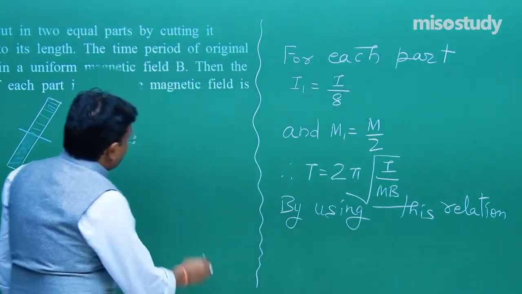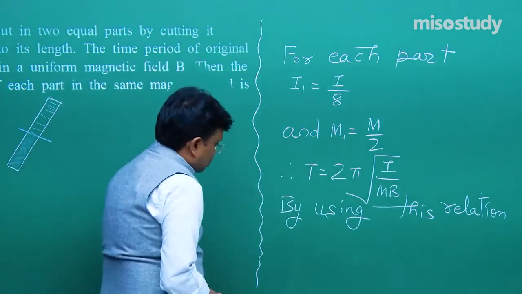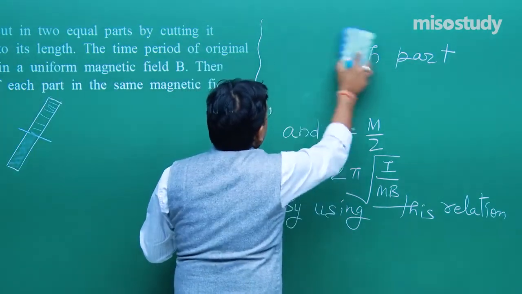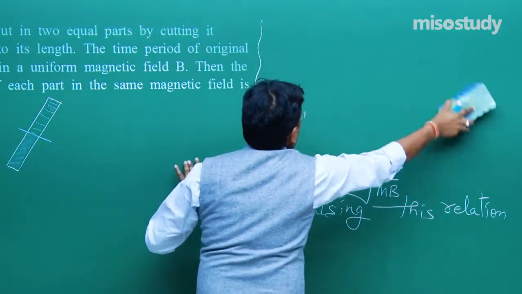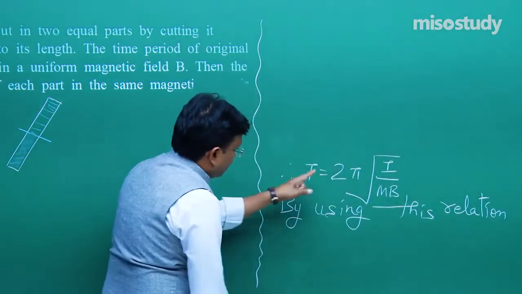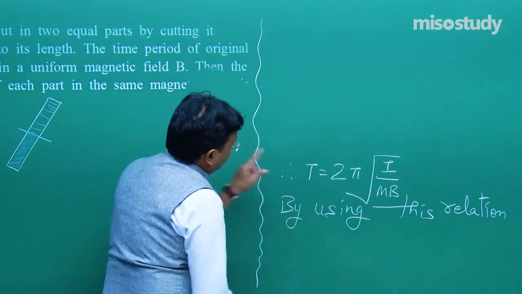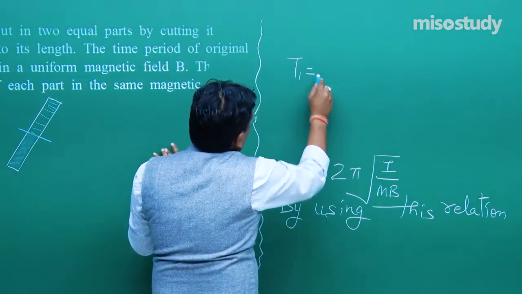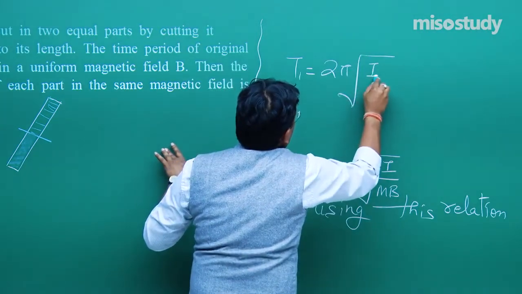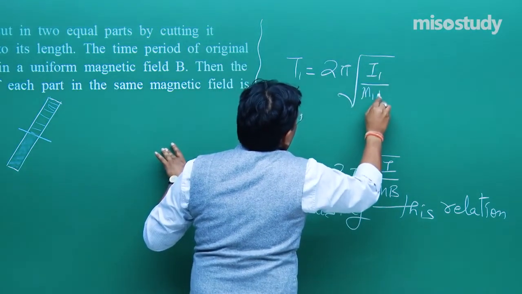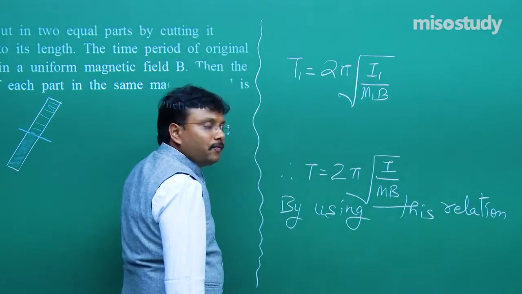Okay, no problem. So what about T1? I will write at this place only. This is the initial value, and T1 is equal to 2 pi root I1 upon M1 into B. Fine.